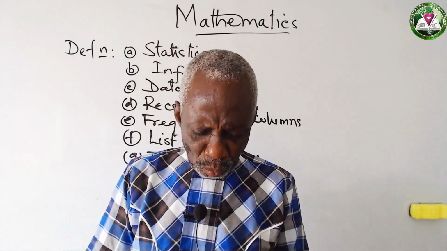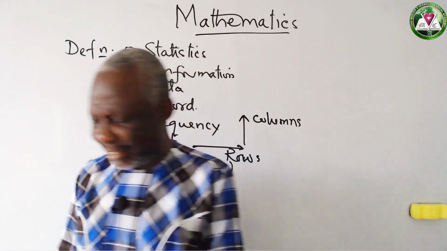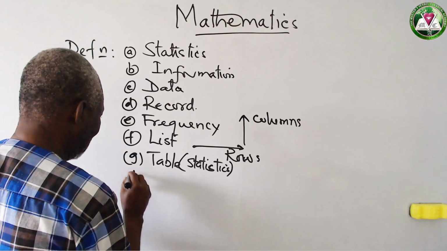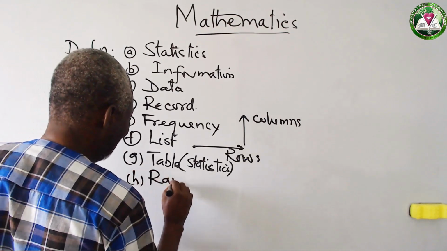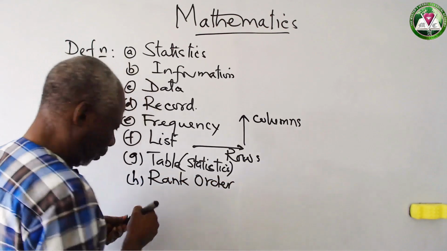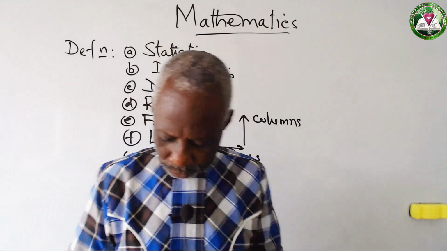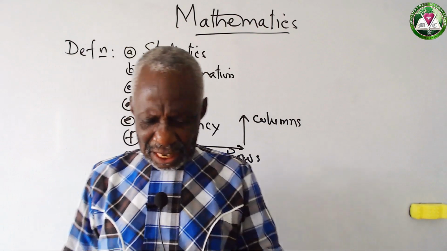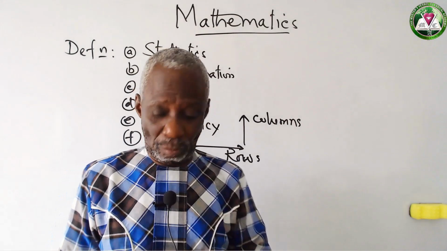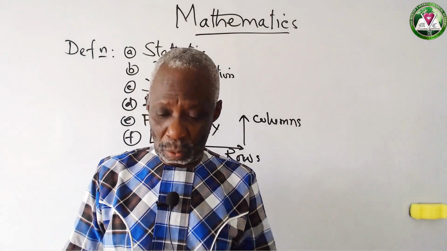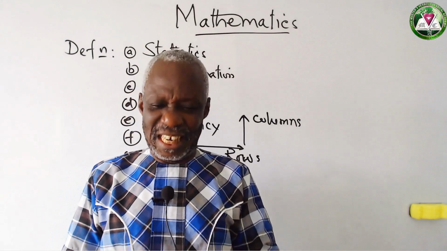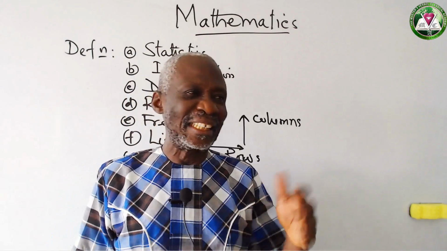All right. The next one is rank order. Okay. Rank order in your families. You have the firstborn, the secondborn. Even in our native language, there is ranking.